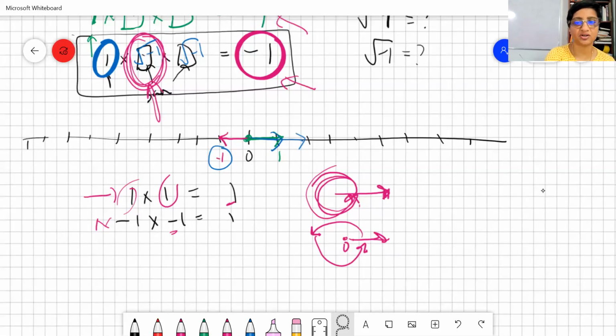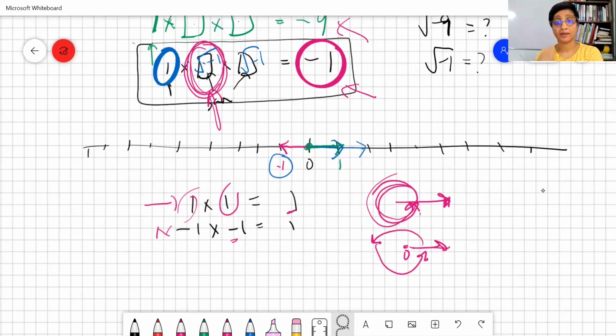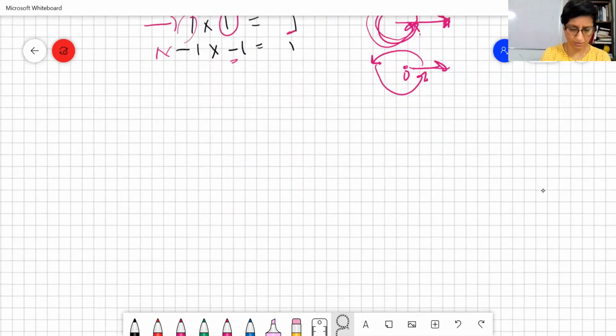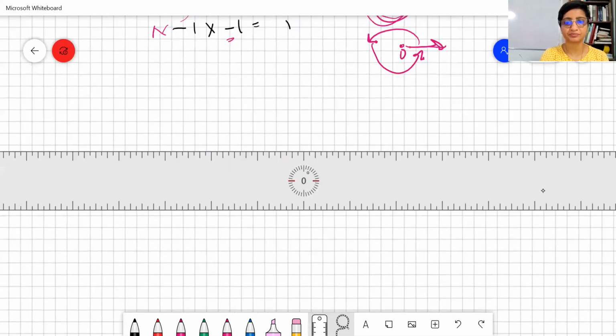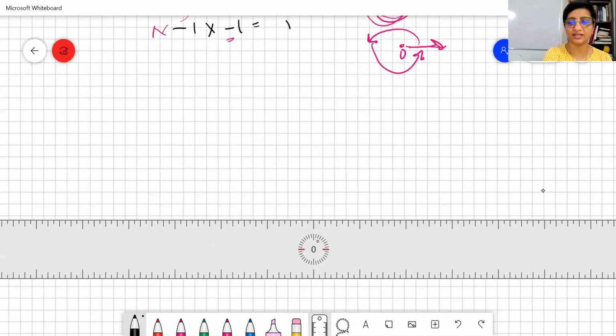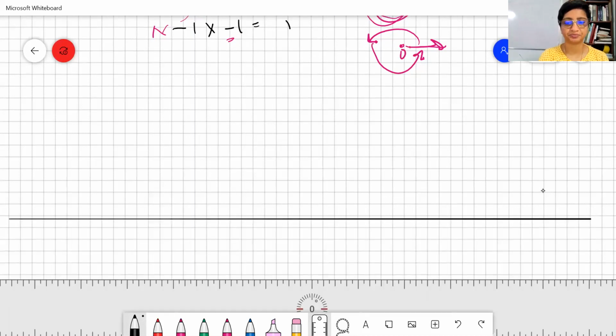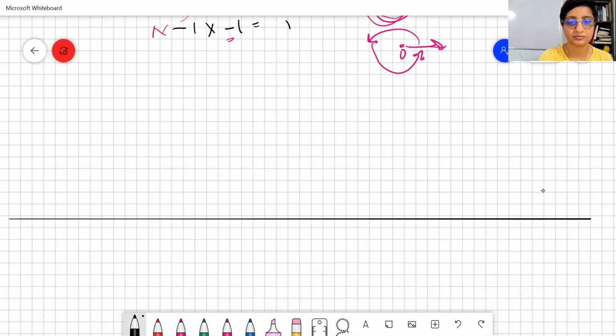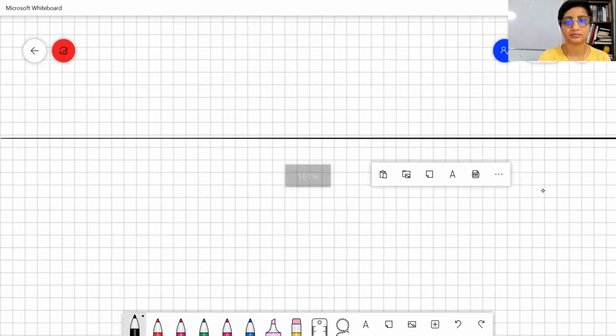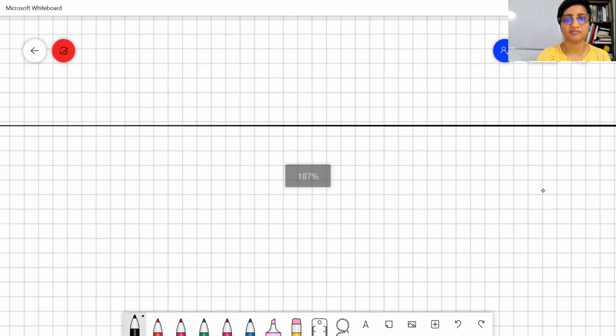Shall I just redraw something? Have I messed up this diagram? That's actually another thing: for you to think clearly, your diagrams have to be clear. Then you have clarity in your thinking.